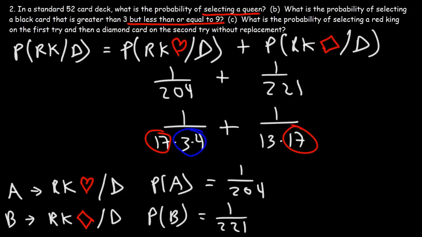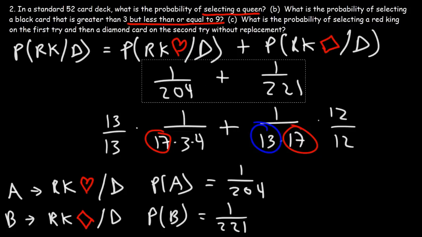This has a 12, that's 3 times 4. So we need to multiply the fraction on the right by 12 over 12. The fraction on the right has a 13, which the one on the left doesn't have. So we're going to multiply the fraction on the left by 13 over 13. So this should give us common denominators that are less in value than what we had before.